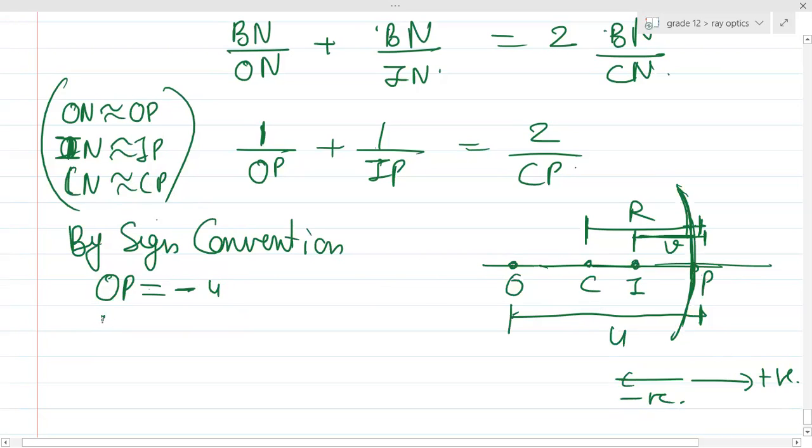So OP is minus u, OI is minus v, and then CP is basically minus R, right? Yes or no?